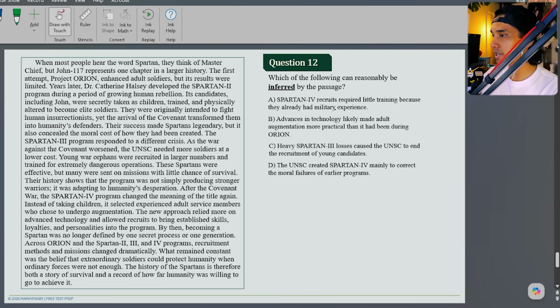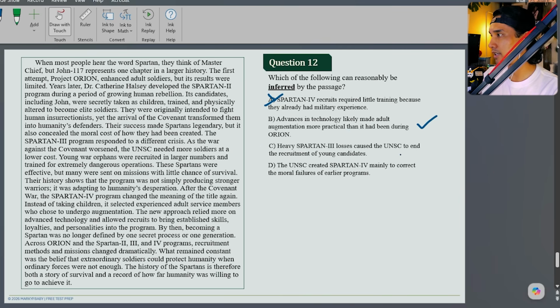This assumes experienced recruits needed little training, but nowhere in here did it say that or imply that. So I'm going to say A is incorrect. B says advances in technology likely made adult augmentation more practical than it had been during Orion. Okay, this I'm going to put as possibly correct.